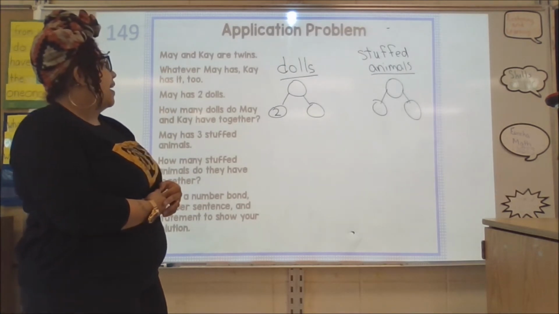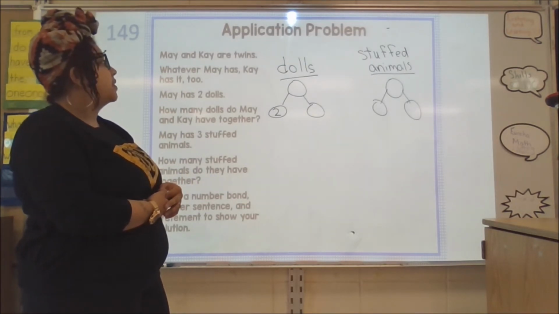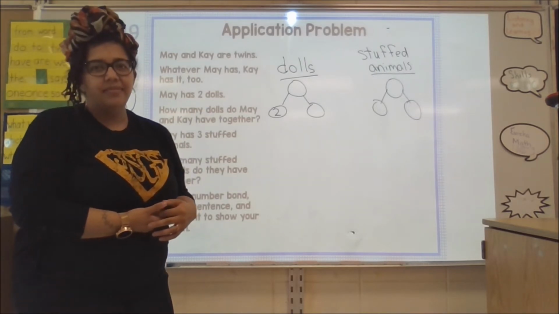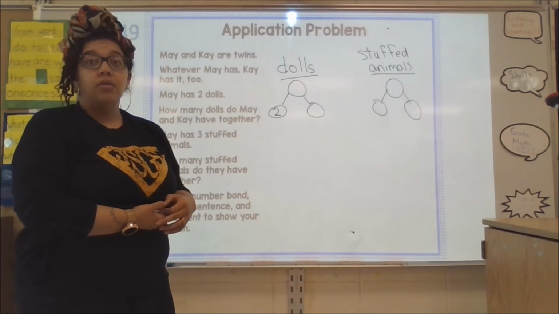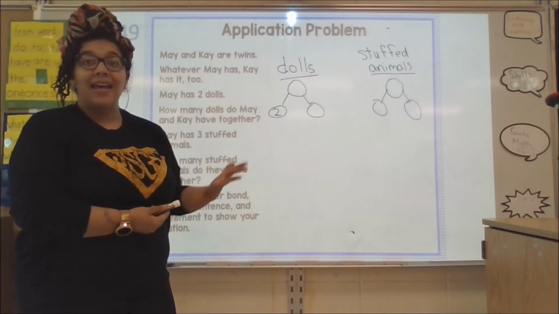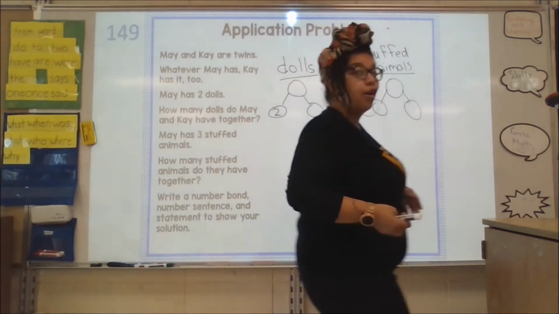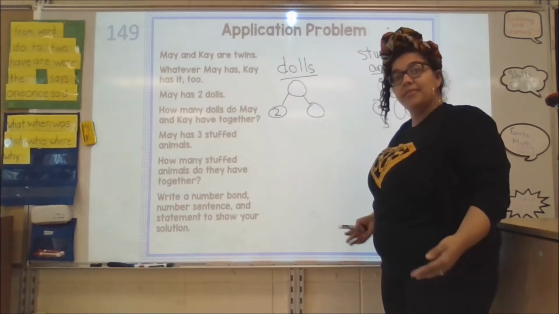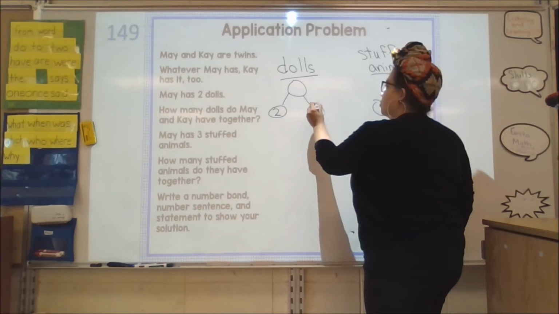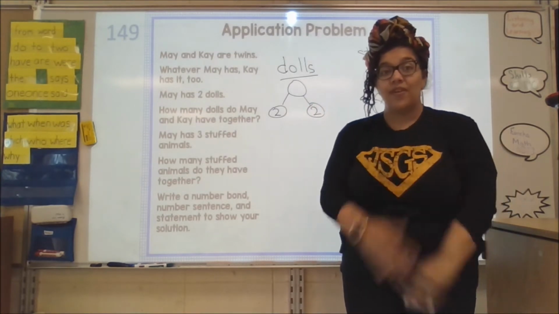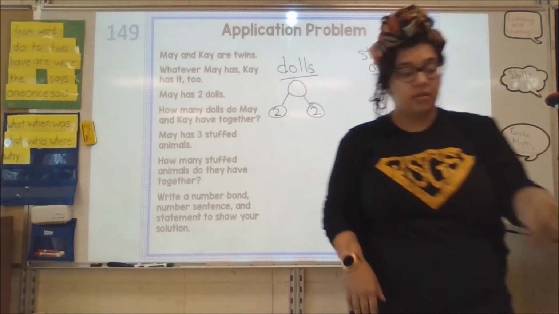And then it asks, how many dolls do May and Kay have together? But it didn't tell us how many dolls Kay has. Oh, we were told that whatever May has, Kay has. So if May has 2 dolls, her twin sister Kay has 2 dolls. So 2 must be our other part. So can we put 2 and 2 together to find the whole for the dolls?